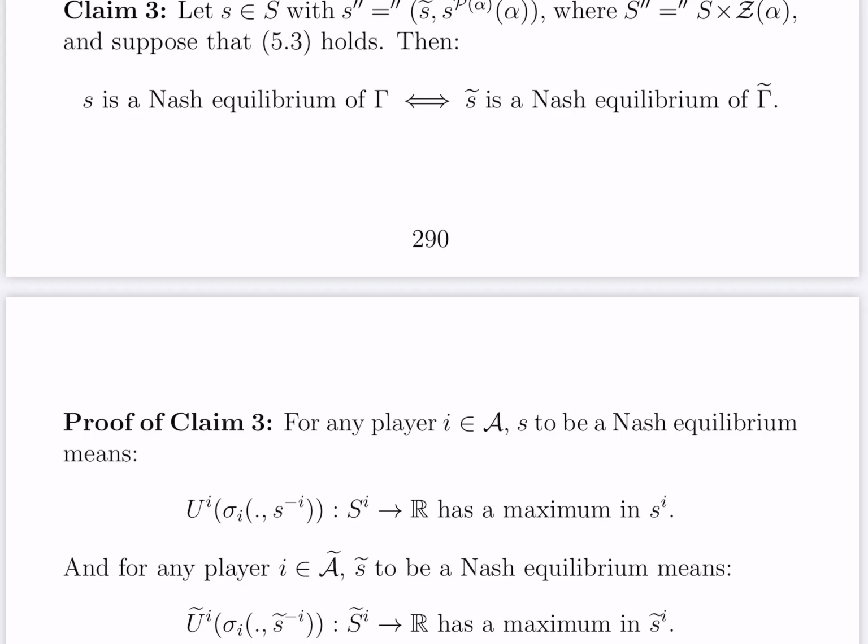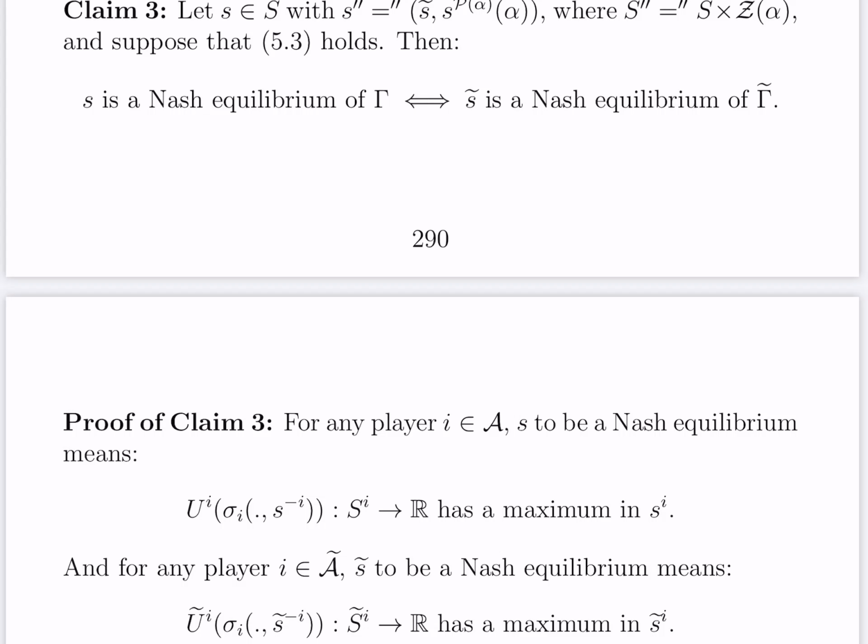So let's unbind the definition. What does it mean that S is a Nash equilibrium of the full game, and what does it mean that S tilde is a Nash equilibrium of the restricted game? S to be a Nash equilibrium of the full game means for any player I that his utility function restricted to his set of strategies where S minus I is fixed has a maximum at this strategy Si. So his strategy Si must be a best answer to the strategy combination S minus I of the other players.